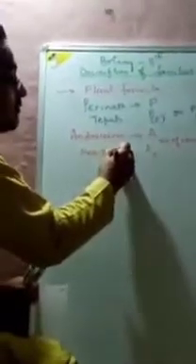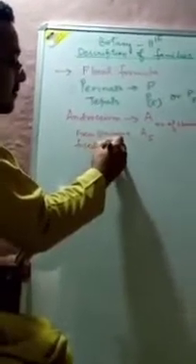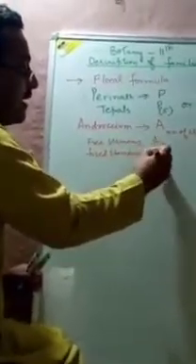If the number of stamens is 5, A5, that is for the free stamens. When they are fused stamens, we may write A5 within brackets.